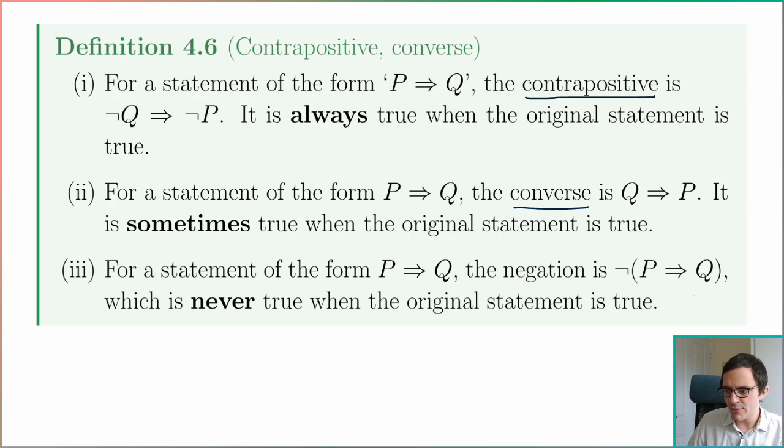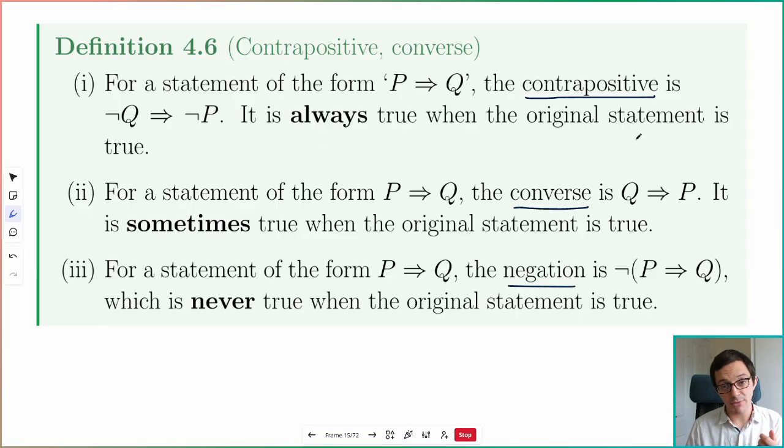So be careful if you're thinking about the opposite or the reverse of a statement, because there are at least 3 things that you might mean. You might mean the contrapositive, which is a good thing to think about. You might mean the converse, which is tricky, and you shouldn't assume that you can switch P and Q like that.